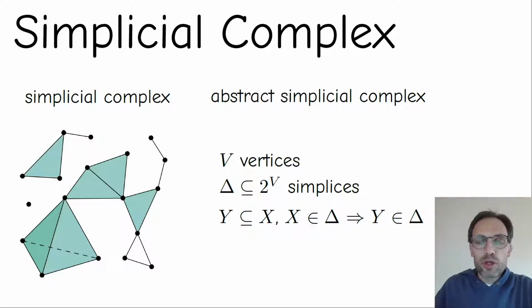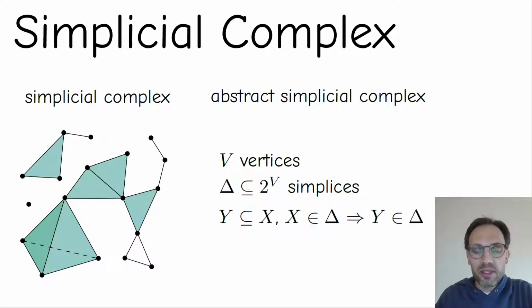Then there's the abstract counterpart, which is a little bit easier to understand. We have some set of vertices, some ground set. Then we have some edges, which are subsets of these vertices, with the property that if x is an edge and y is a subset of x, then y is also an edge.